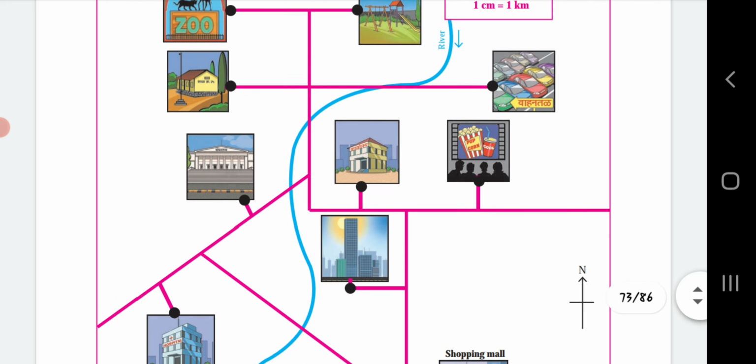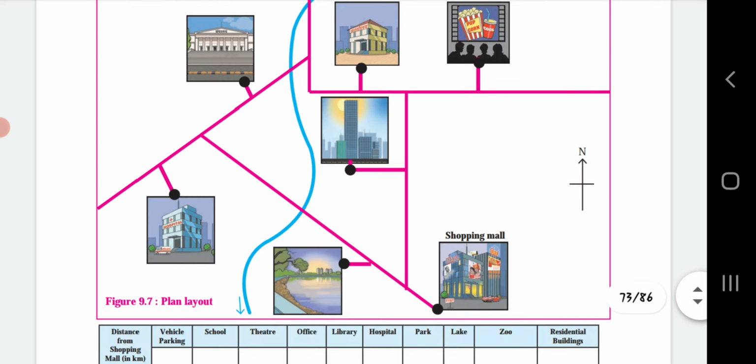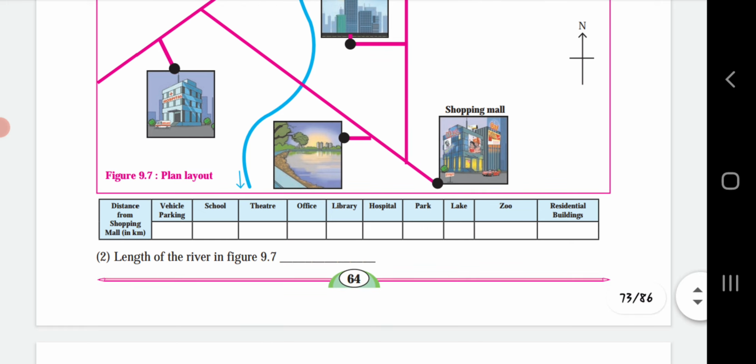From shopping mall to zoo, 1.3 plus 6.5 plus 3.2 plus 6.7 plus 2.7, that is equal to 20.4 kilometer. From shopping mall to residential building, 1.3 plus 4 plus 1.8 plus 0.1, that is equal to 7.2 kilometers. Again, the length of the river in figure 9.7 is 18.2 kilometers.